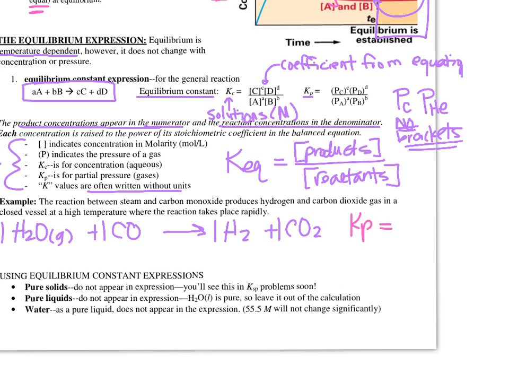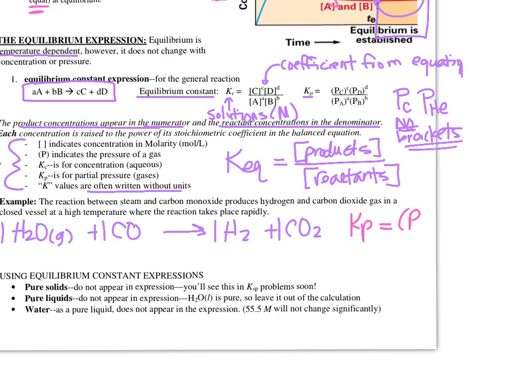That's going to equal, and I'm going to use parentheses instead of brackets, the products. I'm going to have the pressure of H2, oh, I missed my pressure. Let me erase that and try again.